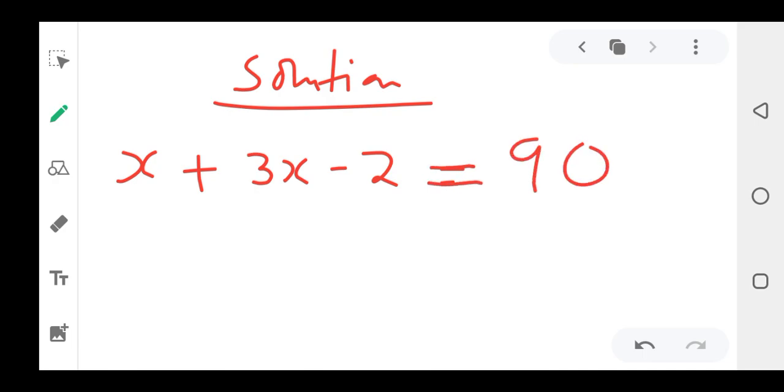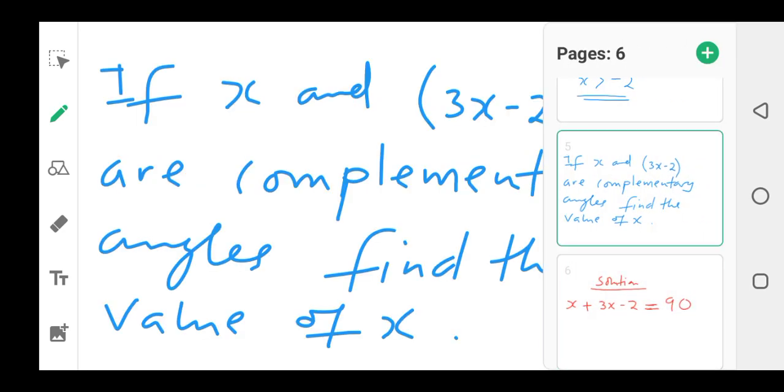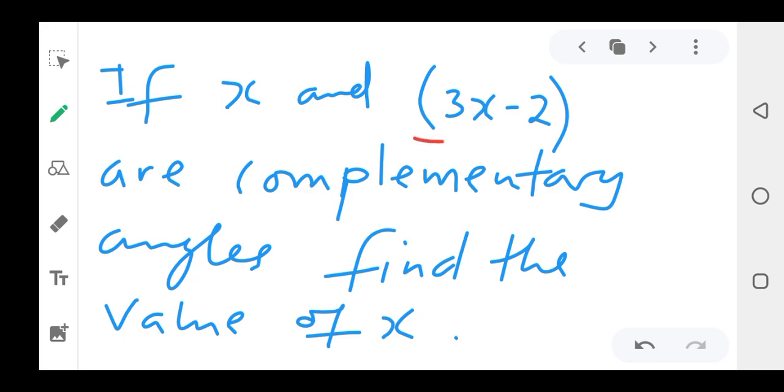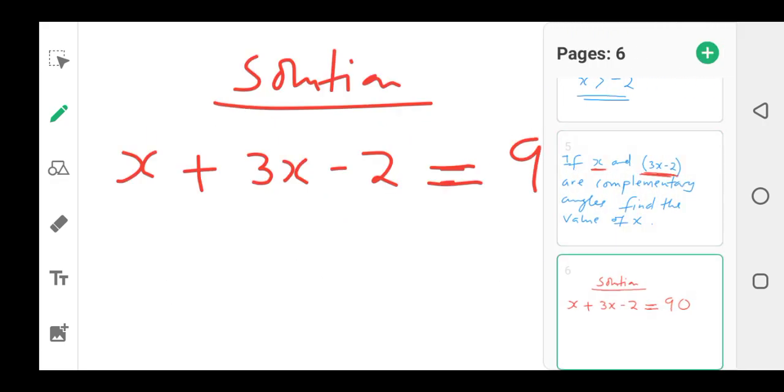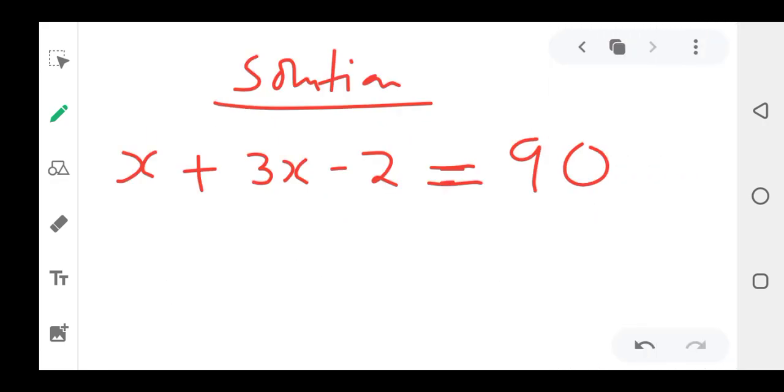So it means this angle plus this angle, when added together, they should form a complementary angle, and complementary angles add up to 90 degrees. Any two angles that add up to 90 degrees. That's the reason why I've added x plus 3x minus 2. So what is x plus 3x? It is 4x minus 2 is equal to 90.